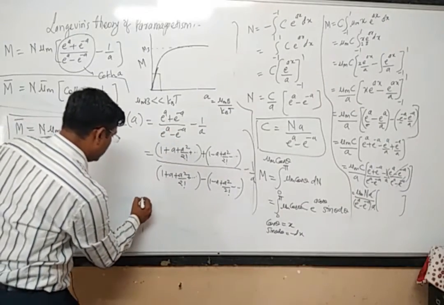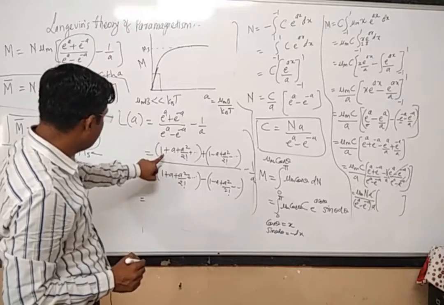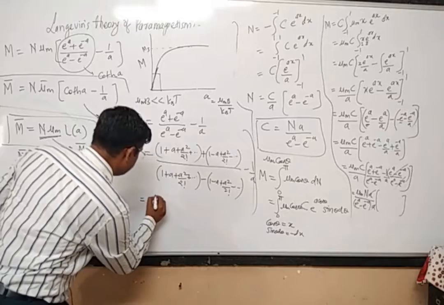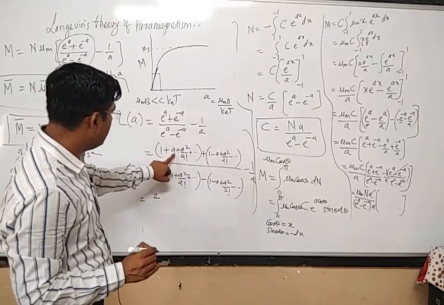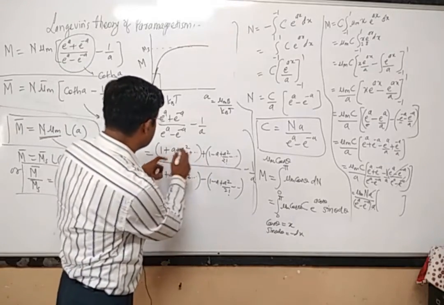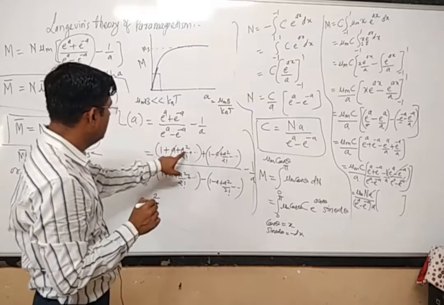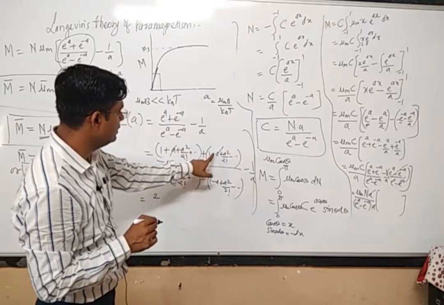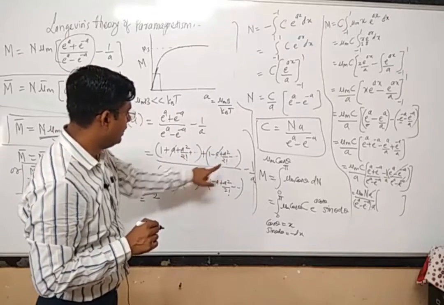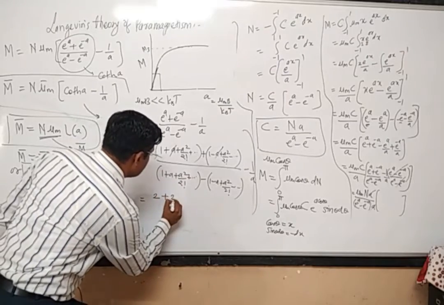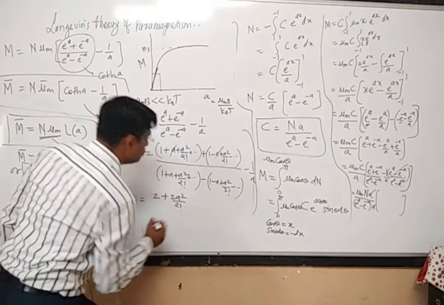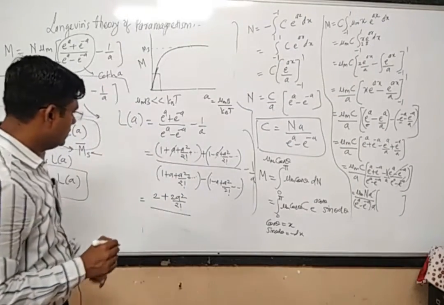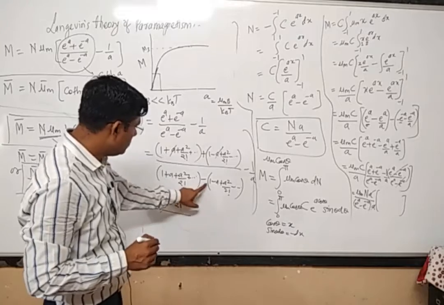Okay, now how can it be solved? You see, 1 plus 1 is 2, then plus A here and minus A here, so plus A minus A gets cancelled. A square by 2 factorial plus A square by 2 factorial, because here also there is a plus sign, so it is plus 2A square by 2 factorial, divided by, you see, 1 minus 1.